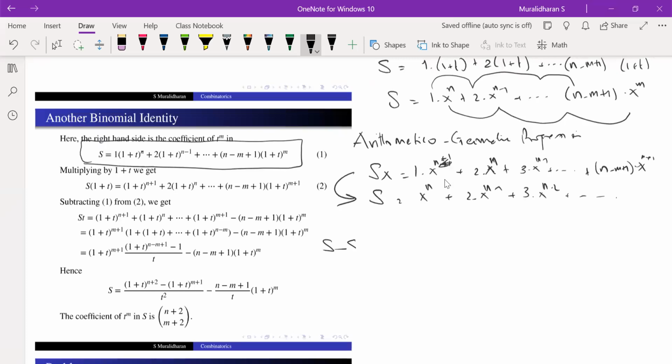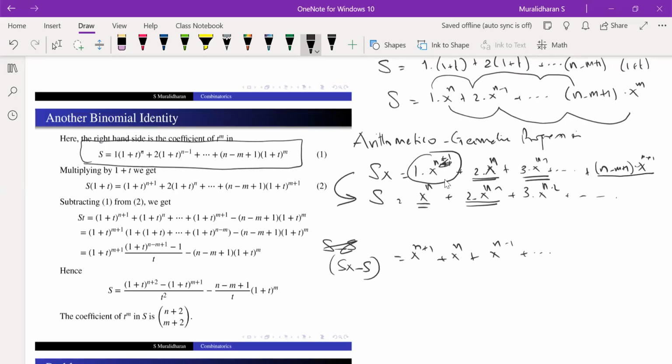Sx minus S. The x power n plus 1 term will remain. I have a 2x power n and I have x power n. If I subtract this, I will get x power n. I have a 3x power n minus 1 and the 2x power n minus 1. If I subtract, I will get x power n minus 1 and so on.